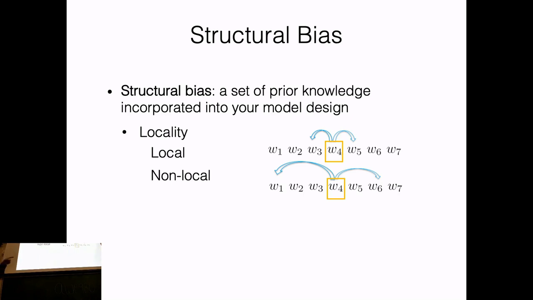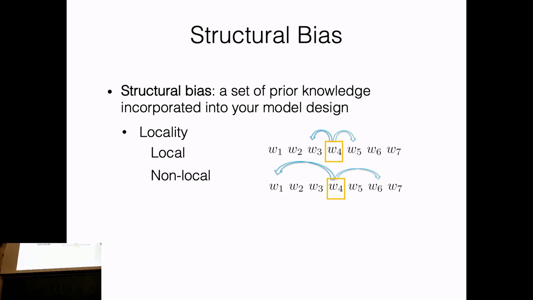Suppose here is a sequence of words. Local means maybe the first word could only interact with its close neighbor. However, non-local means each word could interact with some remote word. Maybe W4 could interact with W1 or even W6.